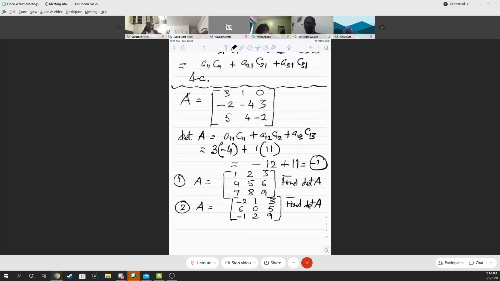The choice is yours, whether it is the first row, first column, second row, second column, whatever.